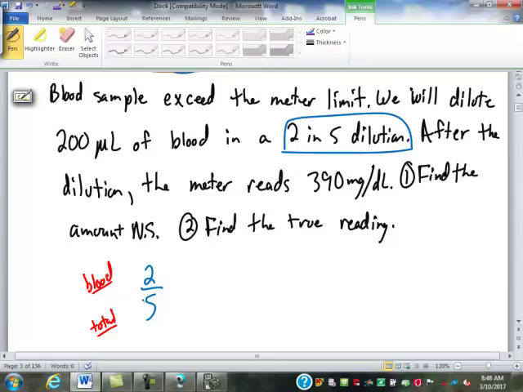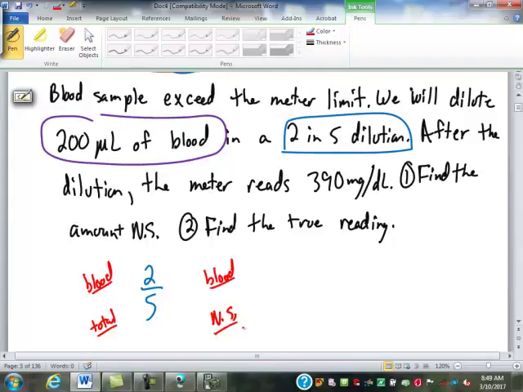Well, 3 to 5 would give us the NS to total, but do we know the total? We know the amount of blood. So for our purposes, it's going to be easiest if we have something that relates blood to the saline.